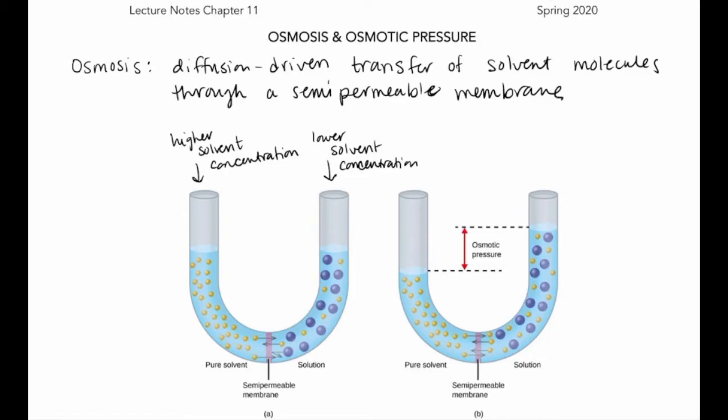And the reason that we get the flow is because we have a solution on the other side, so we actually get a pull of pure solvent through it in order to dilute that solution more. And that happens spontaneously until the pressure gets too high for it to continue to build up on just one side.